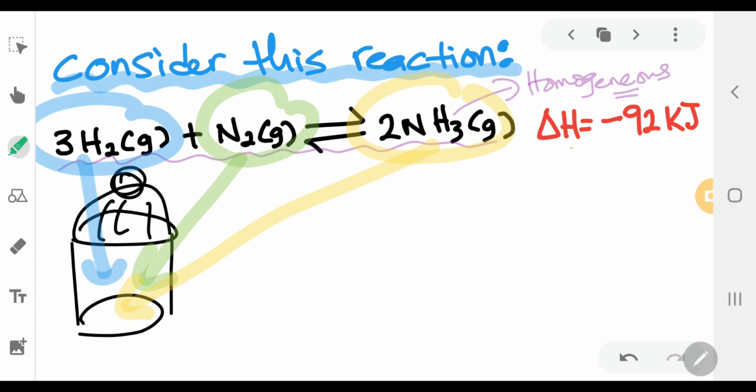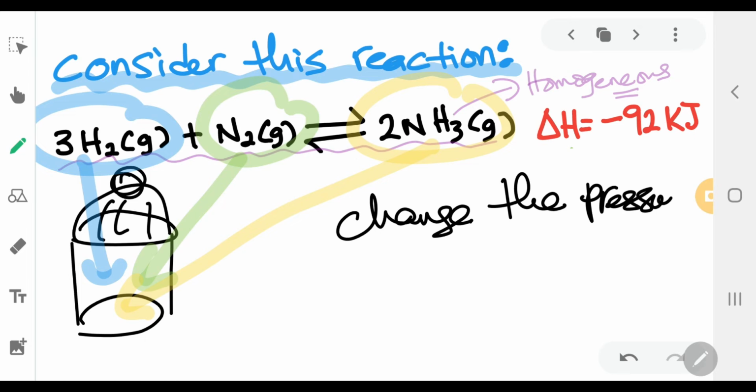So when we change the pressure and volume, the whole system will be affected at the same time.